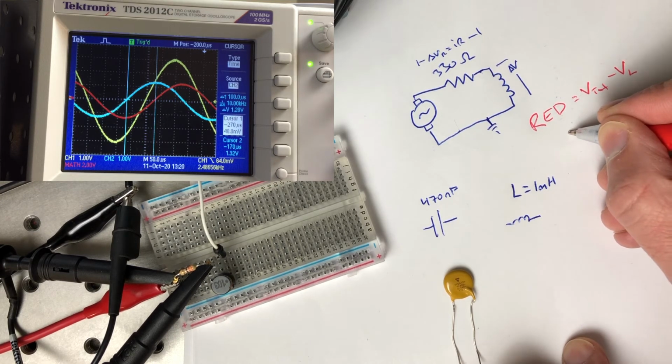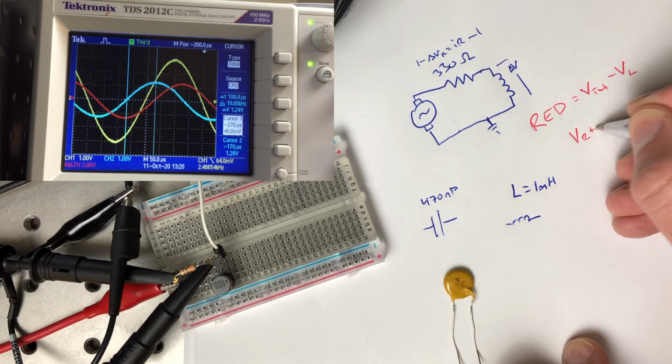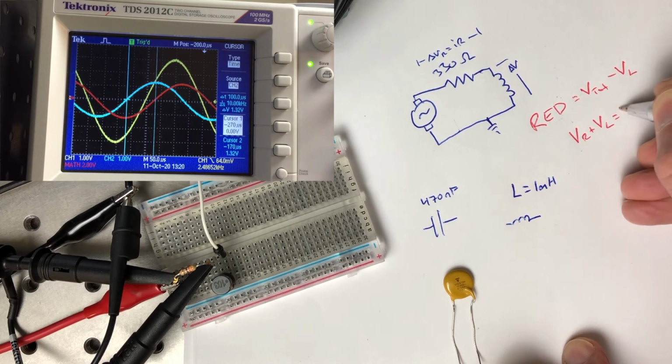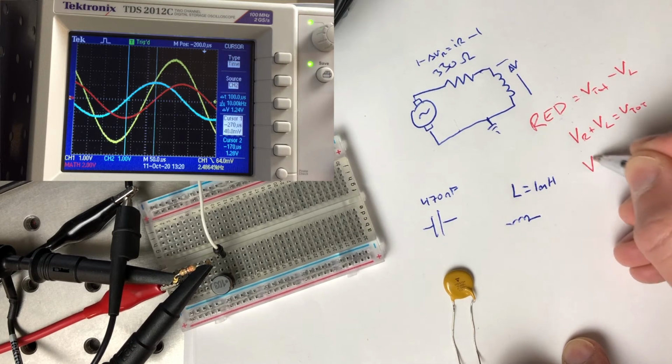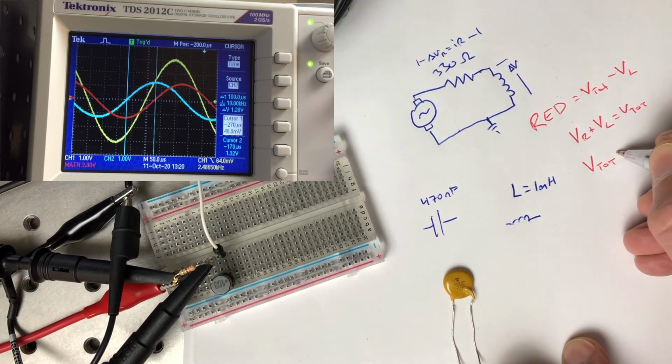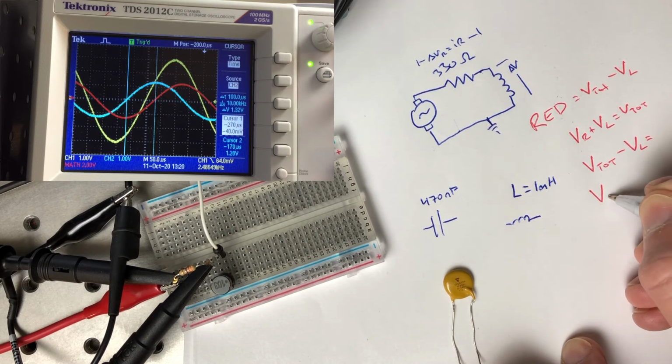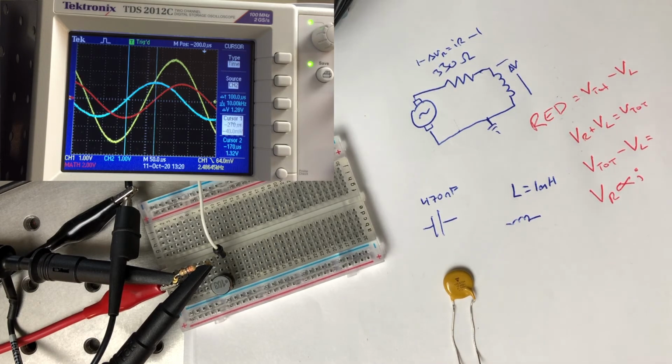And from Kirchhoff's laws, we have V resistor plus V inductor is equal to V total. So V total minus VL is going to give me the voltage across the resistor, and that's directly proportional to the current.